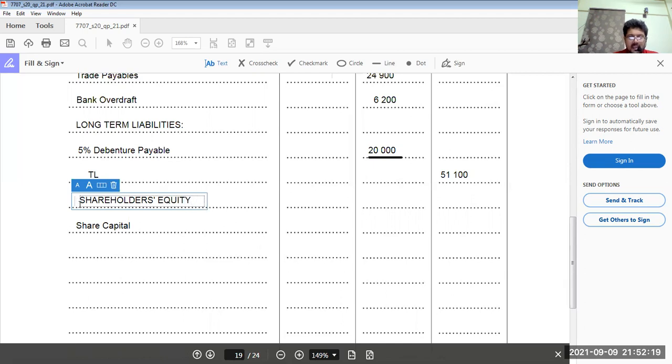Share capital is given. How much? 1,50,000.